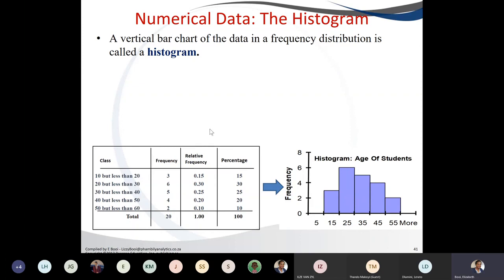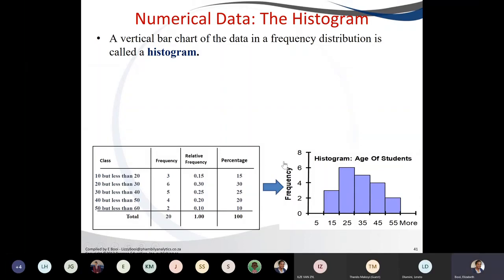If you look here, it's our frequency distribution table. If we take our classes, you can see that the bars will represent our classes and the height, in this instance, represents the frequency.